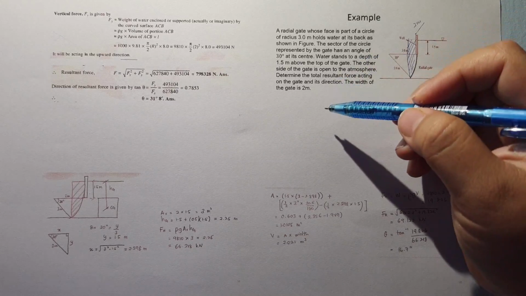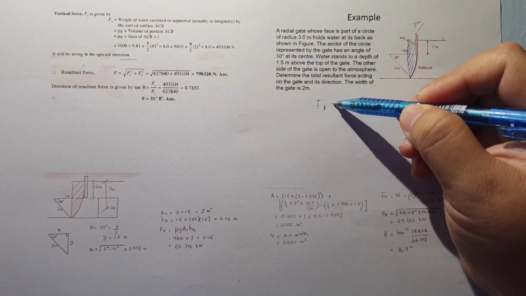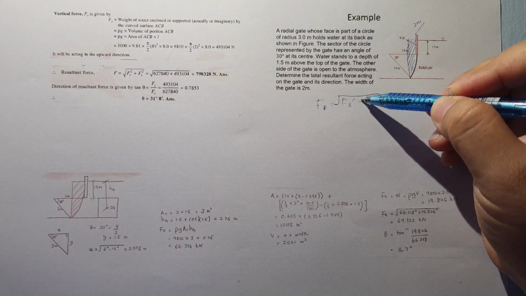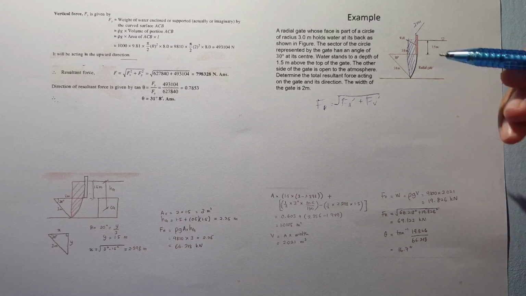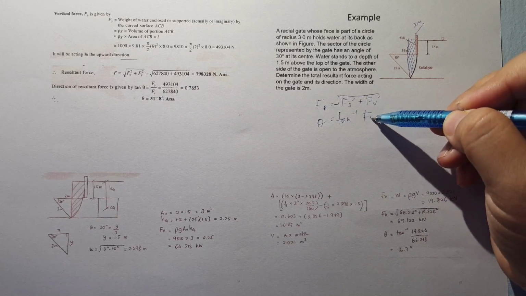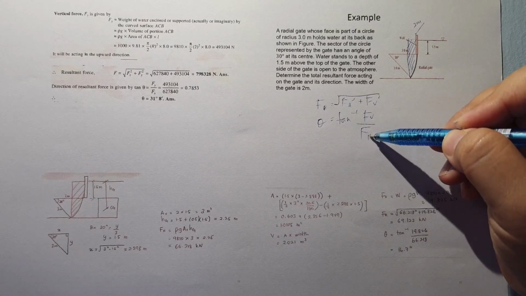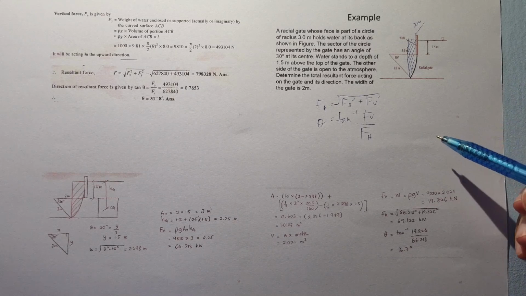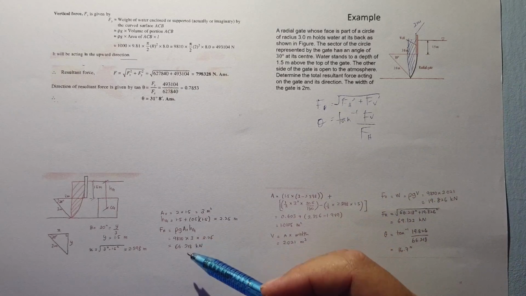Remember, resultant force equals square root of force in horizontal squared plus force in vertical squared. So theta equals arctangent of FV over F horizontal. So what is force in horizontal direction? The solution is here.